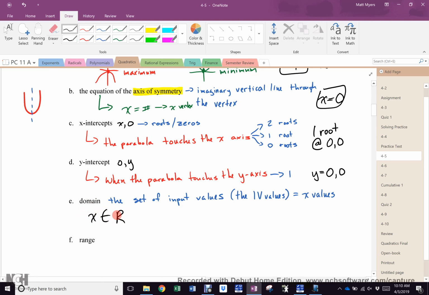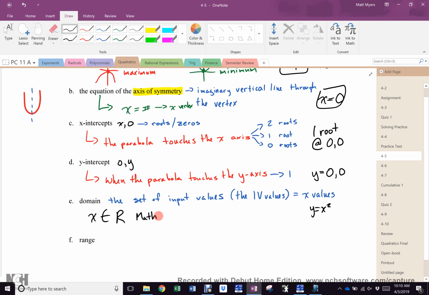Because no matter what, in our easiest parabola ever, y equals x squared, can I put any number in for x? Yes. Because I can always square it. So this is math class. In reality, if we had a parabolic function that we were graphing of something happening in real life, would that be the domain?